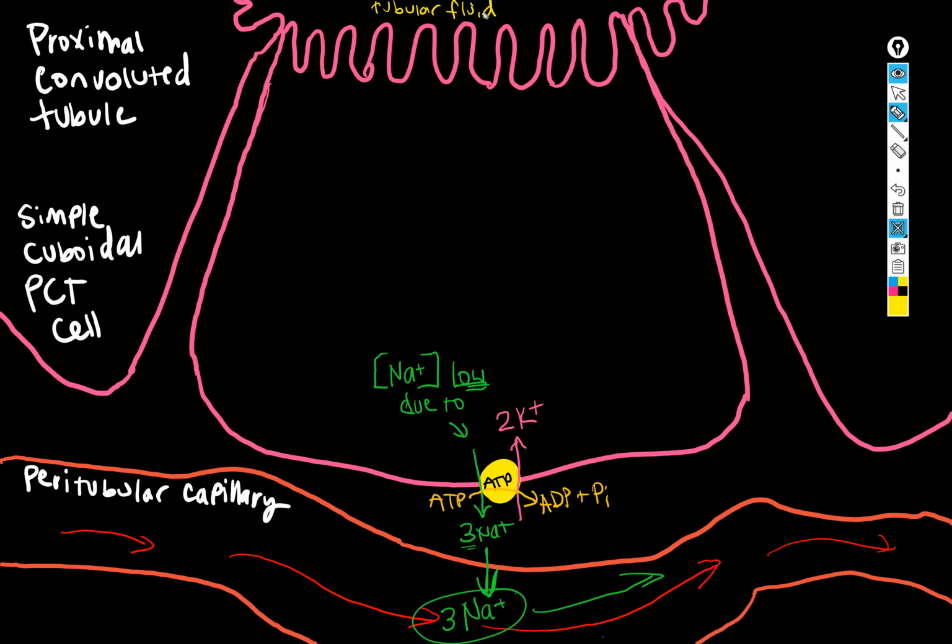So the tubular fluid is going to be consistently higher in sodium than the inside of this cell. So another gradient set up down here that's transferring to up here, the apical surface that we can use to do work. And work is what we want to do.